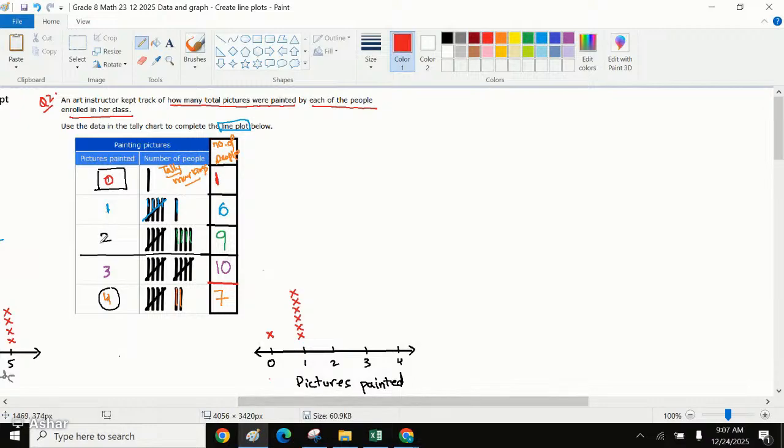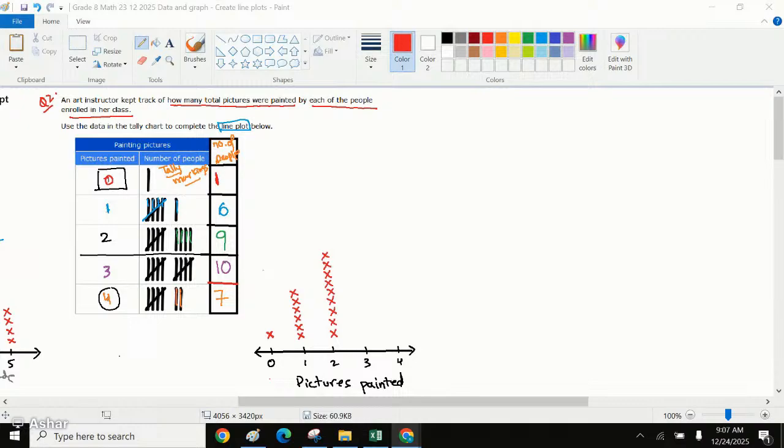Similarly, 2 pictures were painted by 9. So we say 1, 2, 3, 4, 5, 6, 7, 8, and 9. 3 pictures were painted by how many people? Yes, welcome everyone. 3 pictures were painted by how many people?